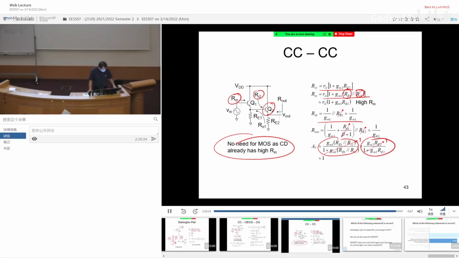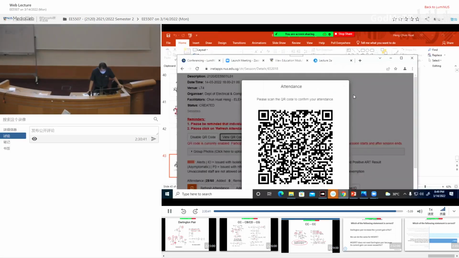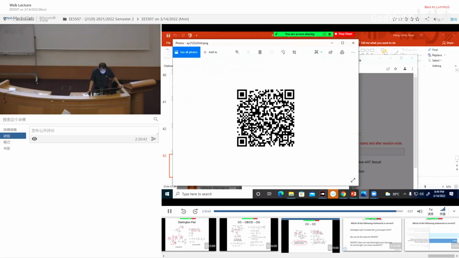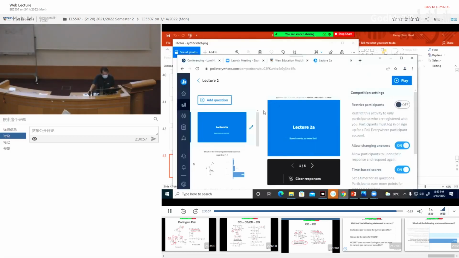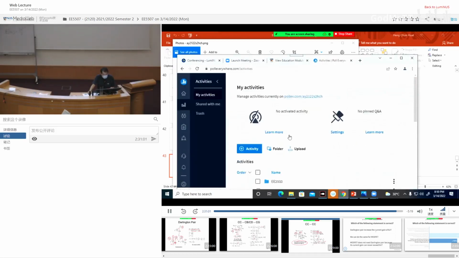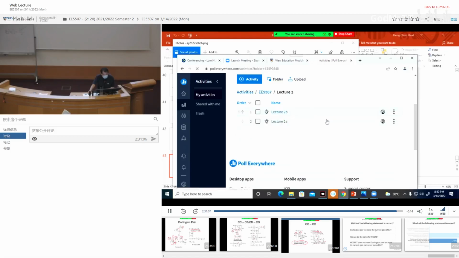I think we still have time, so we can play some game. You guys still have the QR code, right? Do you need to scan the QR code again? Okay. Let me see. Activity 5507, Lecture 2, Lecture 2B.